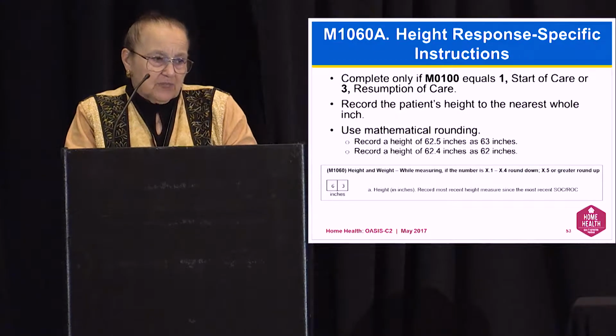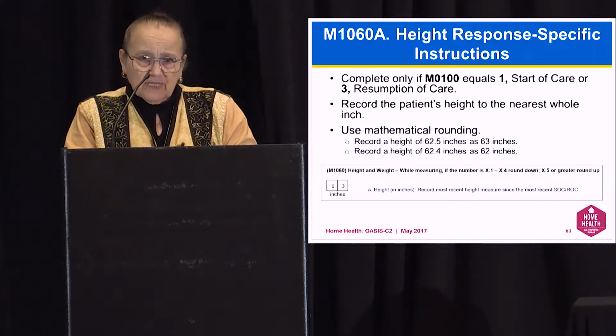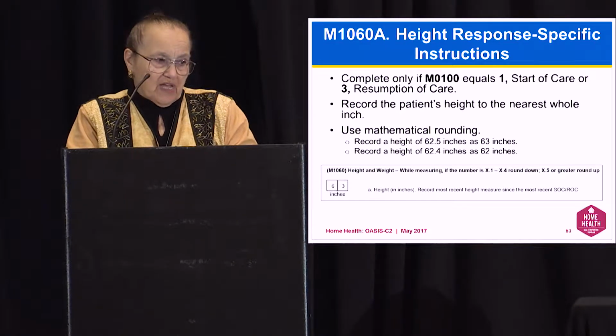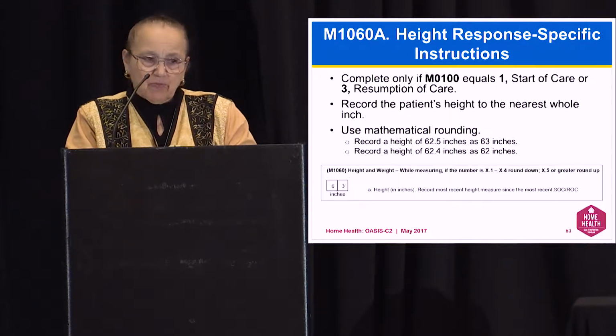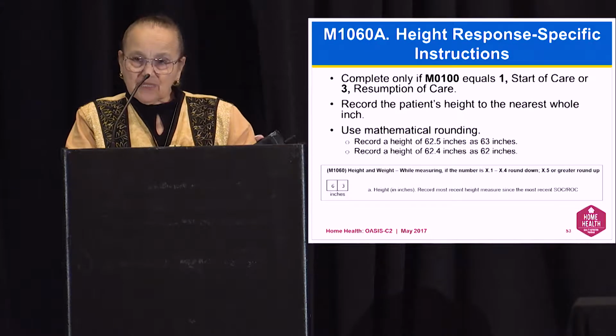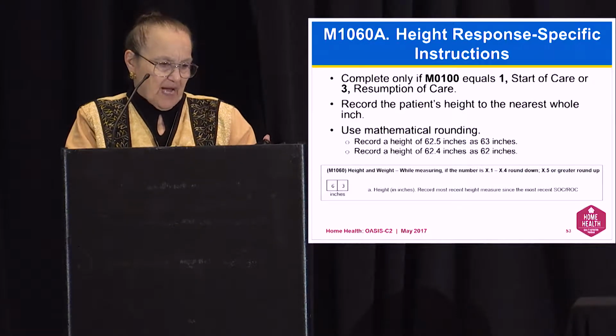You're going to complete this particular assessment only if M0100 equals 1, start of care, or 3, resumption. You record the height to the nearest whole inch using mathematical rounding and entering the numbers you obtain in those boxes just as it's shown right there.